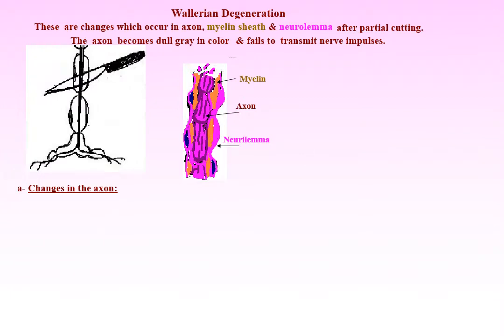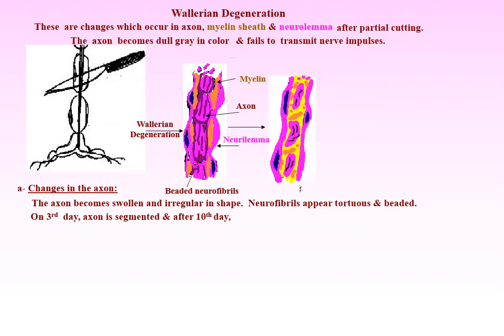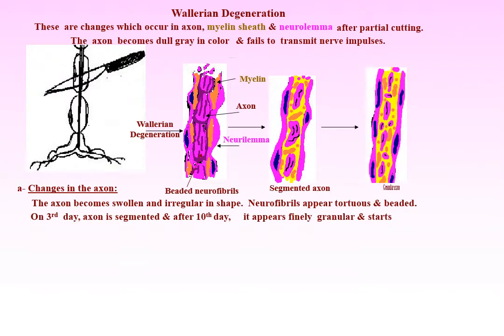Changes in the axon. The axon first becomes swollen and irregular in shape. Neurofibrils appear tortuous and beaded. On the third day, the axon is segmented, and at the 10th day, it appears finally granular, then starts to disappear.